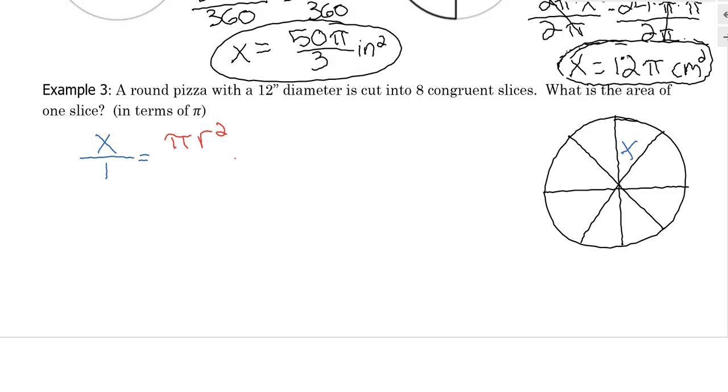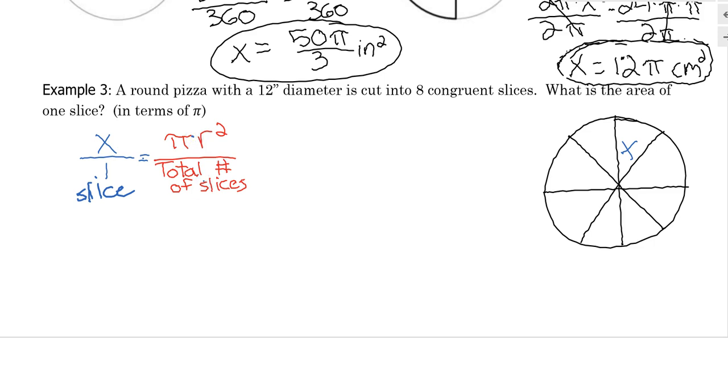over the total number of slices. Okay. So the x, the area of one slice, is equal to the total area over the total number of slices.